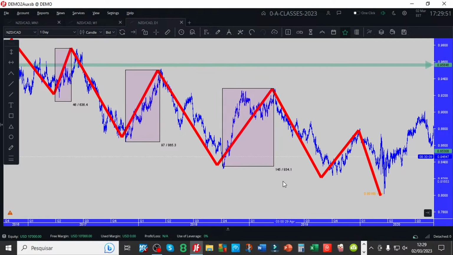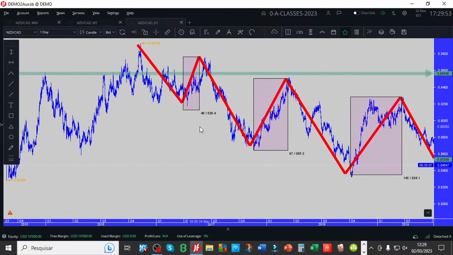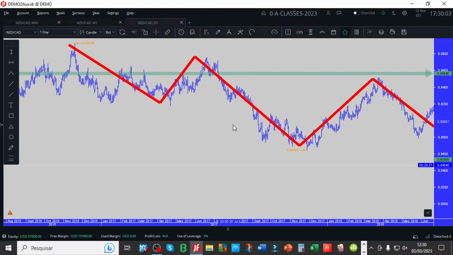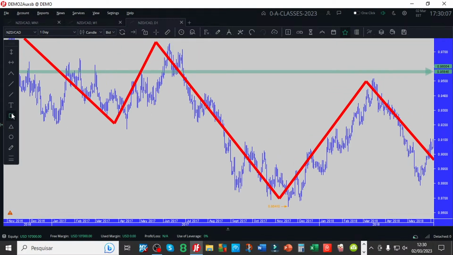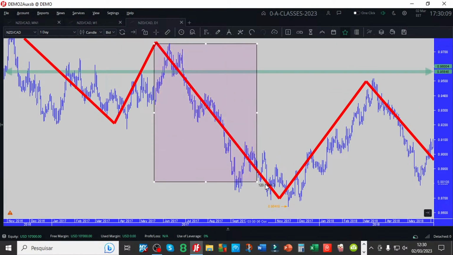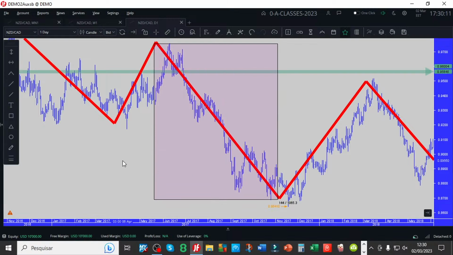Can you see it, everybody? Yes. Now the short-term trend, right? Now on the short-term trend, everybody, it's here.